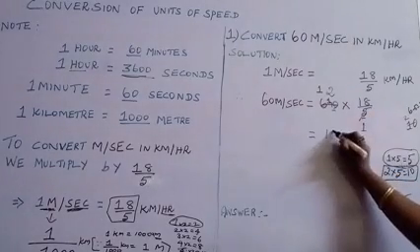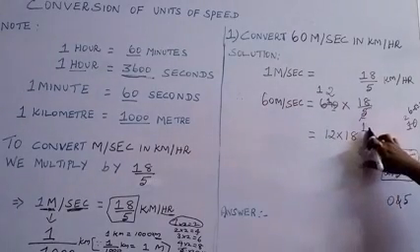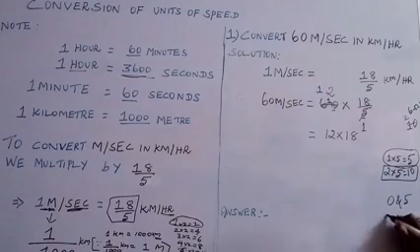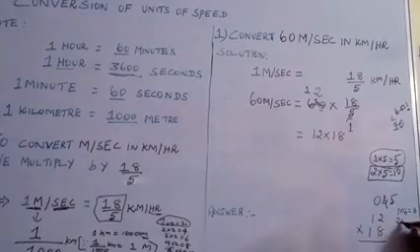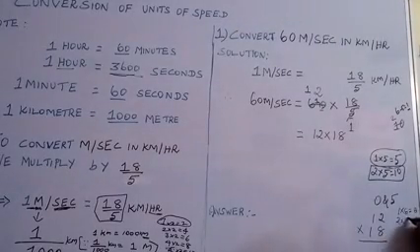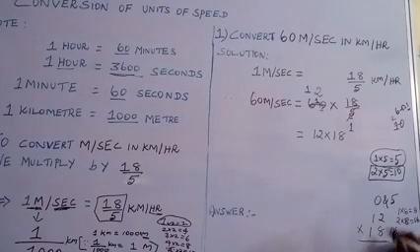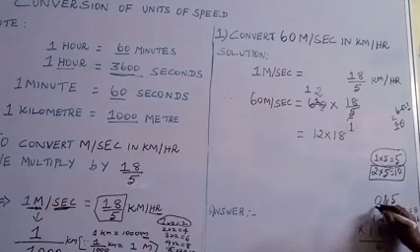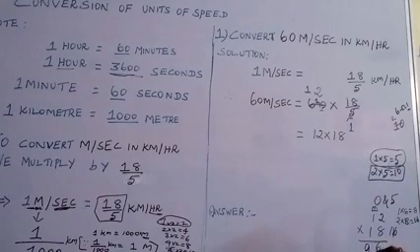Now you get 12 multiplied by 18. In the denominator you have 1, you leave that one. So 12 multiplied by 18: 2 8s are 16, cut the 6, write under the 1's place, carry the remaining 1 into the 10's place. 1 8 is 8, 8 plus 1, 9.